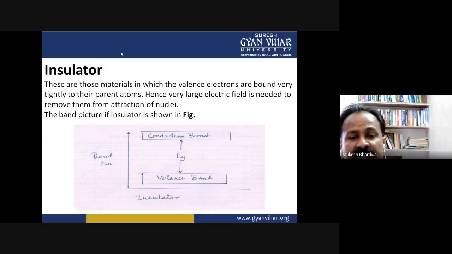But that much amount of energy taken by the electrons dissipates more heat, and that heat destroys the insulator, or we can say it burns out. So at a very high level of forbidden energy, the insulator burns out, and that amount of energy is not possible to provide.